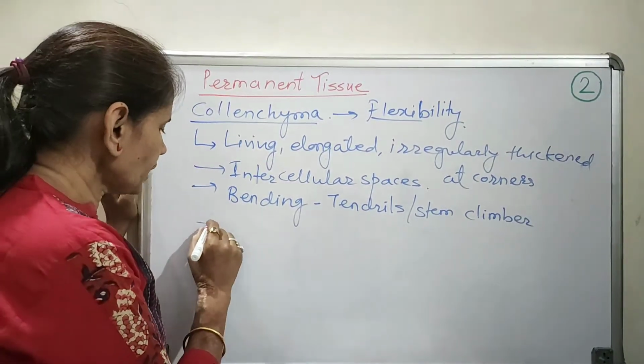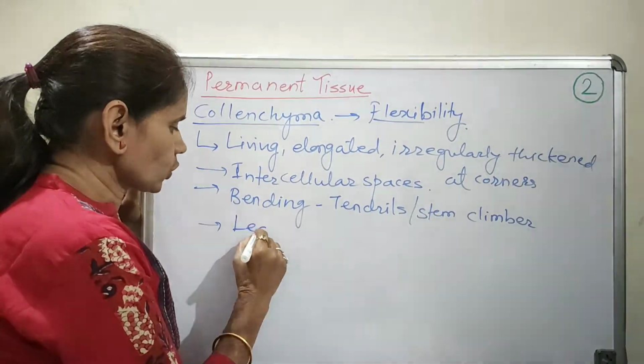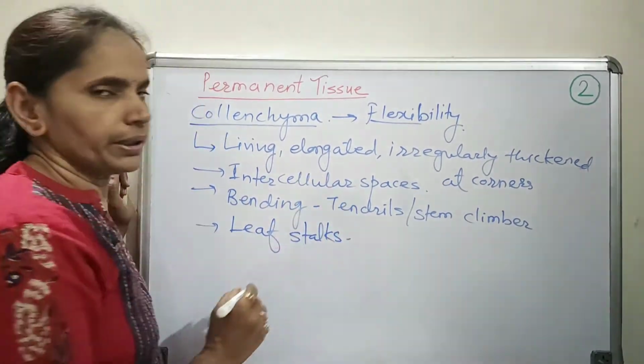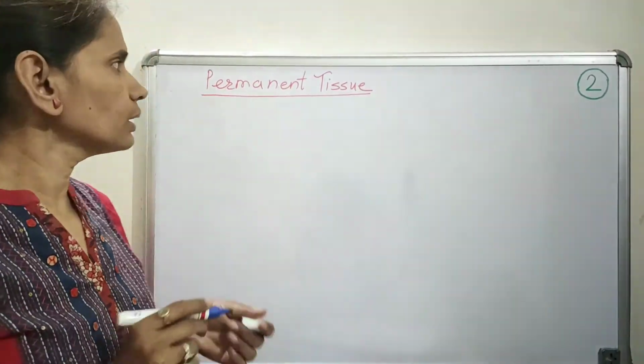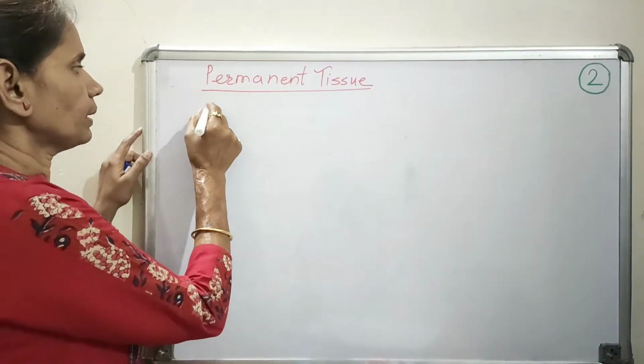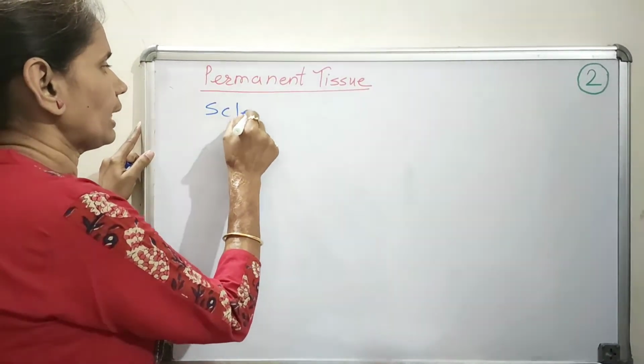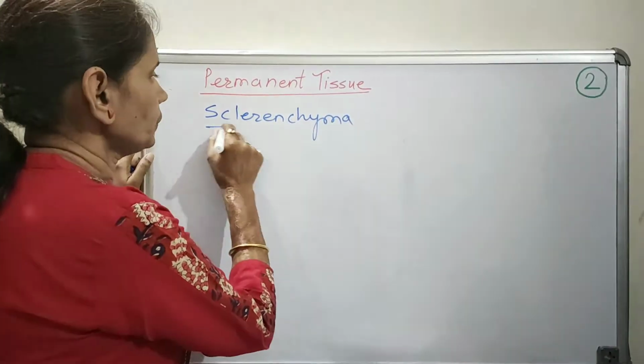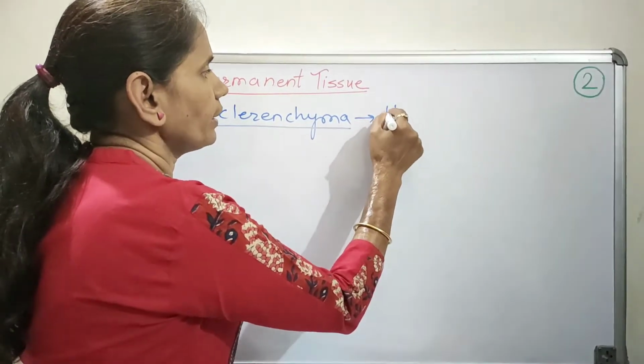It is also present in the leaf stalks below the epidermis. The last type of simple permanent tissue is the sclerenchyma. Now this tissue makes the plant hard and stiff.